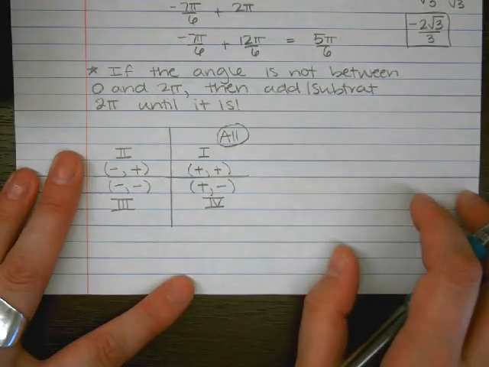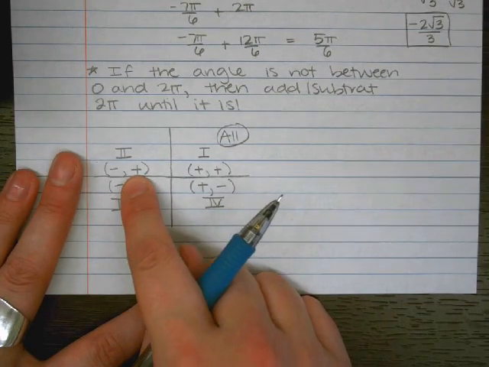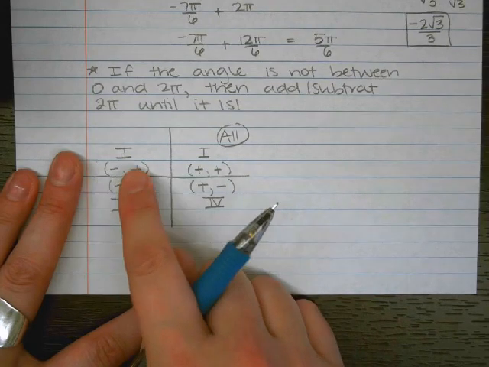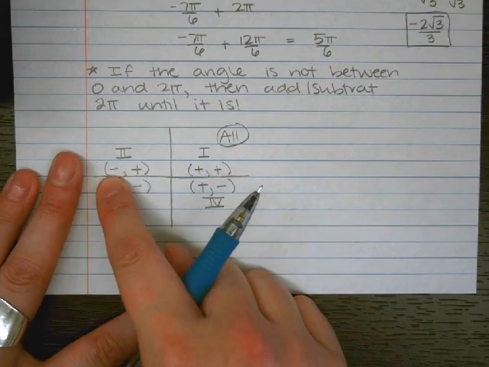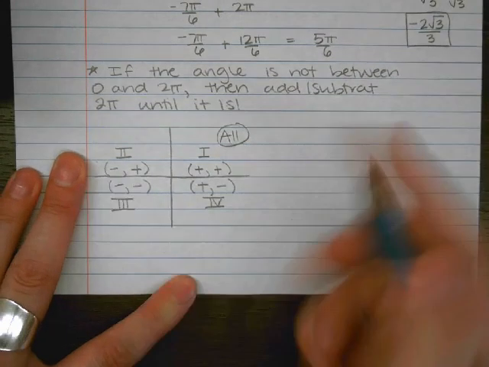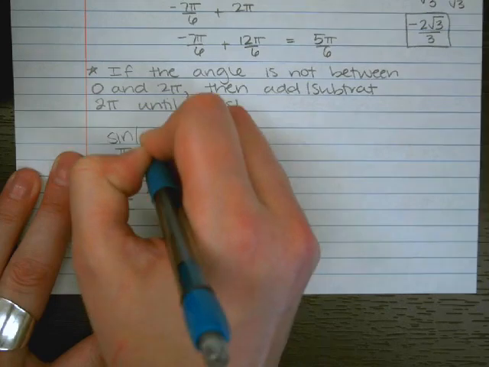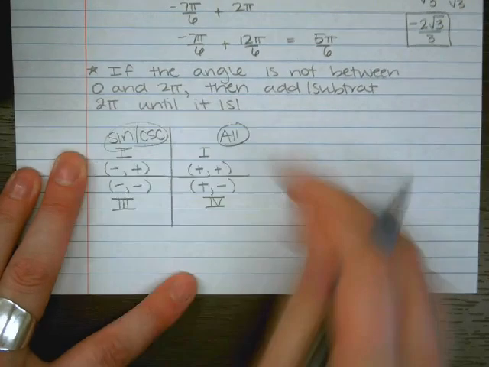If we look in quadrant 2, sine and cosecant are positive, but cosine and secant are negative. And y divided by x means that tan and cotangent are also negative. So the only ones that are positive in quadrant 2 are sine and cosecant. So just those two.